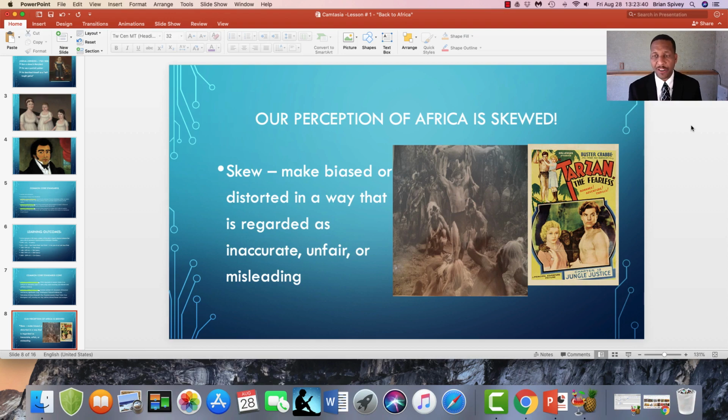You see this Tarzan comic book, I don't know, 30s, maybe 40s, this comic book came out. And it was a white man taming or bringing civilization to animals and other animals, which they call Africans. They also came out with a movie or a TV series, Tarzan.